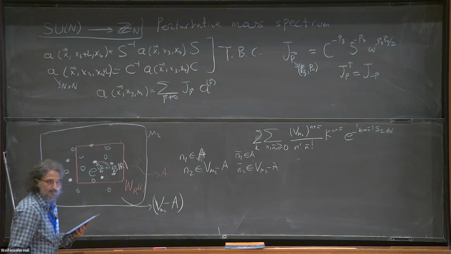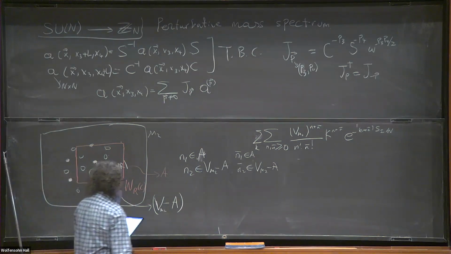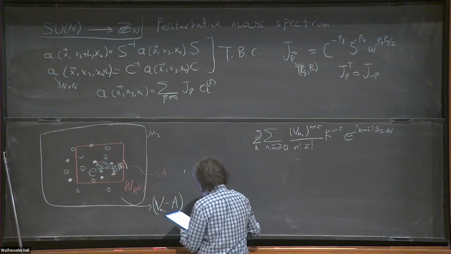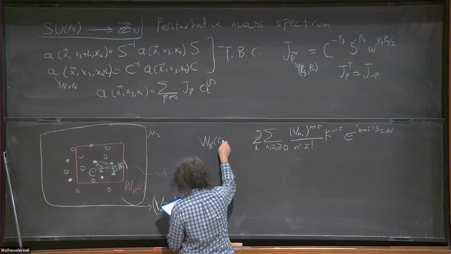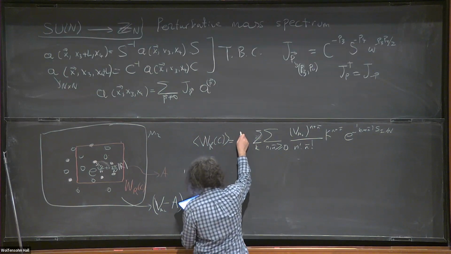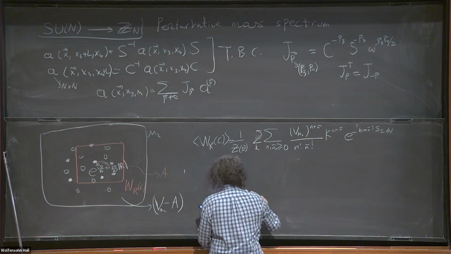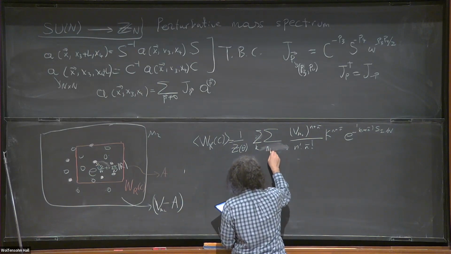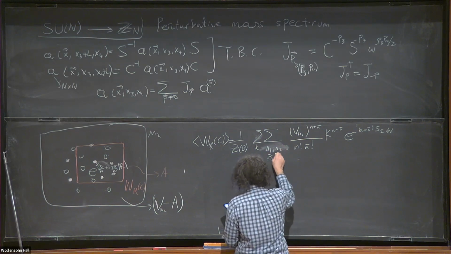Okay. Now this is interesting because now I can go ahead and calculate the Wilson loop in representation R, the expectation value in this grand canonical ensemble. There is 1 over Z of θ. Now I need to do the sum over n1, n2, n1 bar, n2 bar.